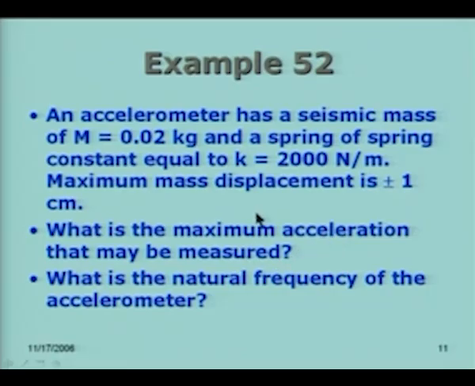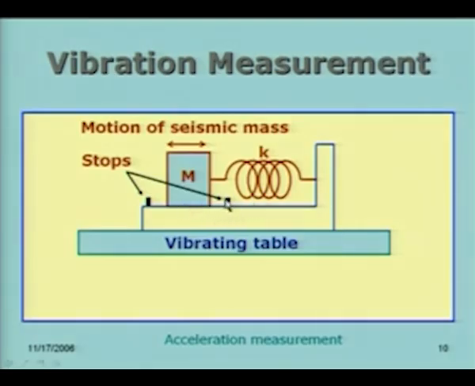In fact, we will go back to that sketch in a moment. What is the natural frequency of the accelerometer? Let us look at what is going to happen. If I have a stop here, it means that the mass is more or less going to be at the same place. The mass is not going to move, only the spring is going to extend, and when it extends, the mass will appear to reach this point.